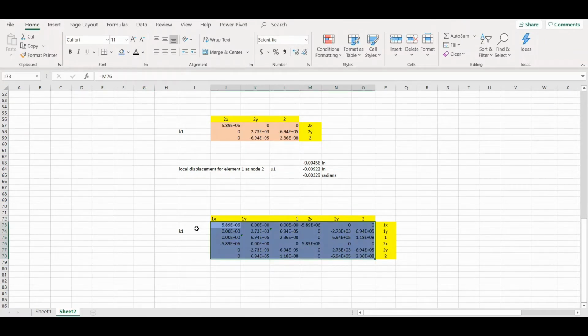We have our local stiffness matrix for element 1.